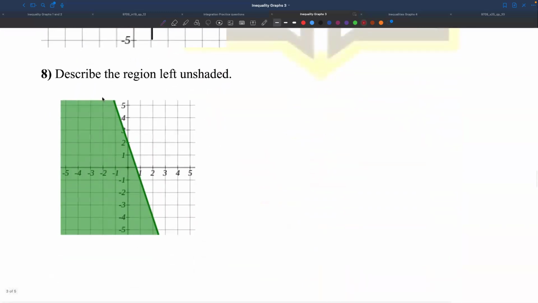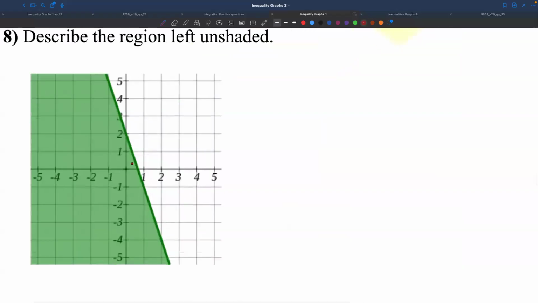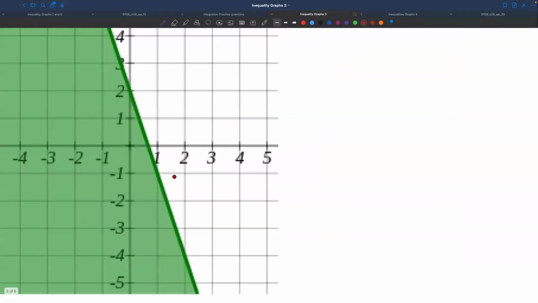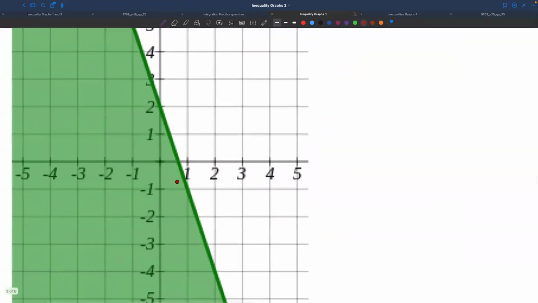Similarly, if the line is given, then you should figure out the equation of the line. How do we do that? Look at the board one final time. To find the equation of a line, we use points on the line. I have this one point over here, this is 1 and minus 1. Let me take another point over here, this is 2 and minus 4.